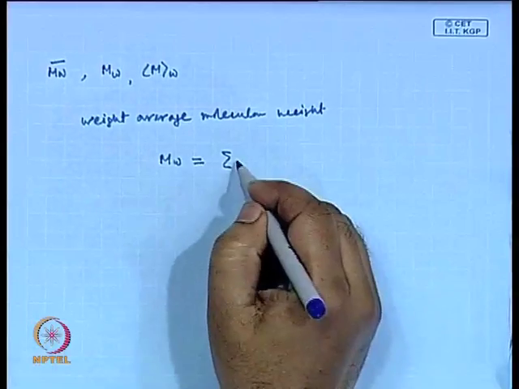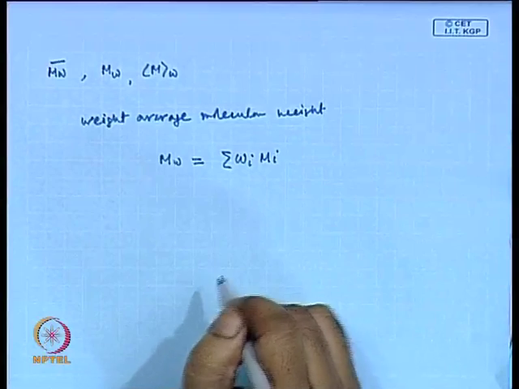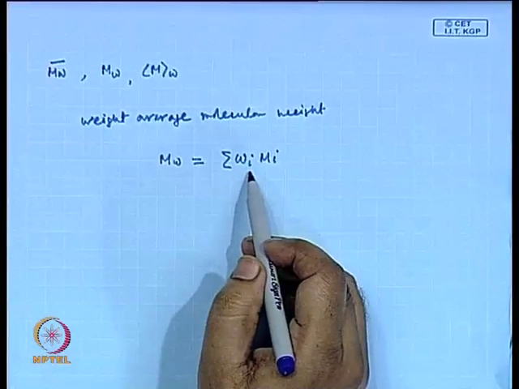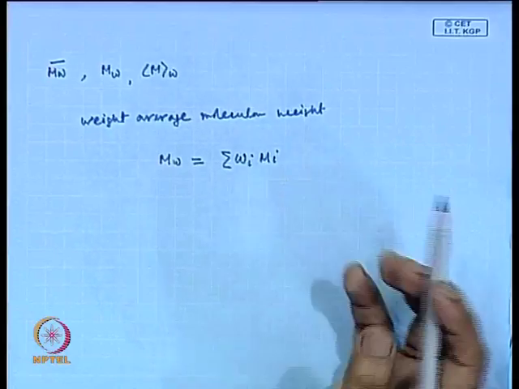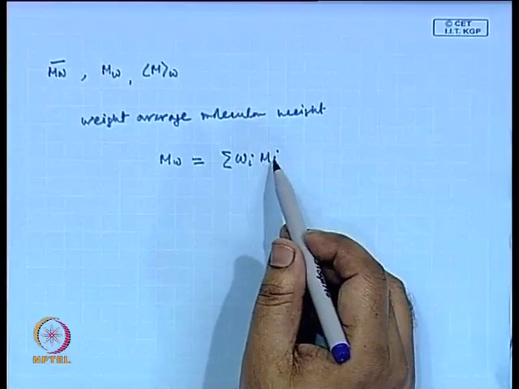In this case we have weight fraction multiplied by the molecular weight of the individual fraction. So, Wi is the weight fraction of the molecules having molecular weight of Mi.